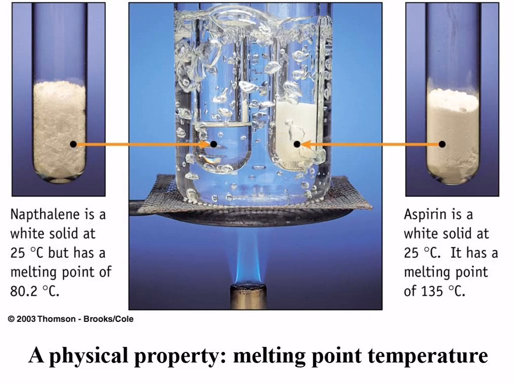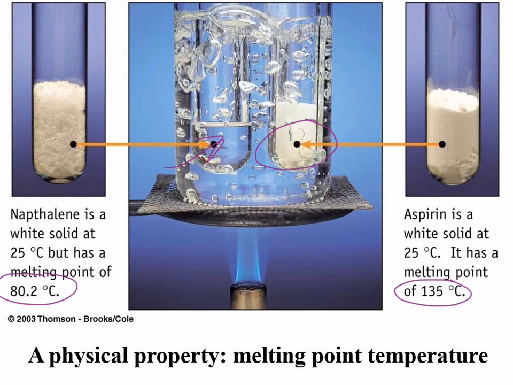So if we put both of them in a container that's 100 degrees Celsius, the one that melts below 100 degrees Celsius went ahead and melted. The one that needs temperatures above 100 degrees Celsius stayed a solid.